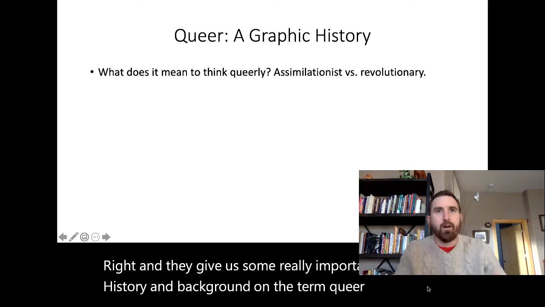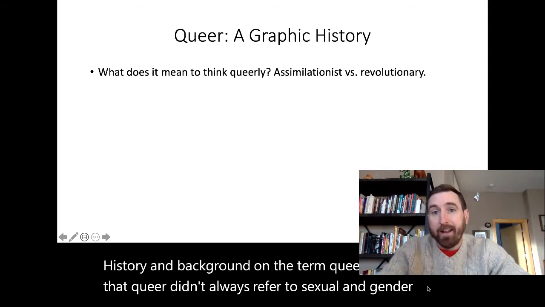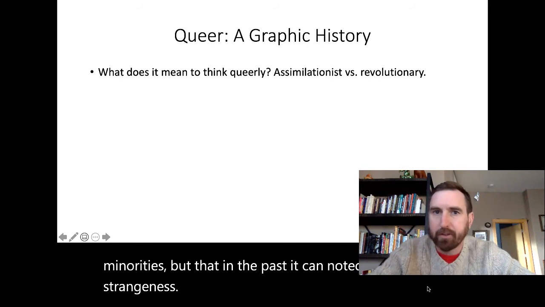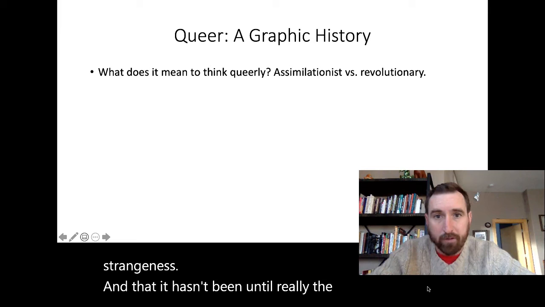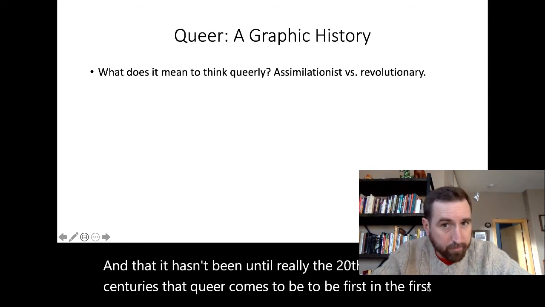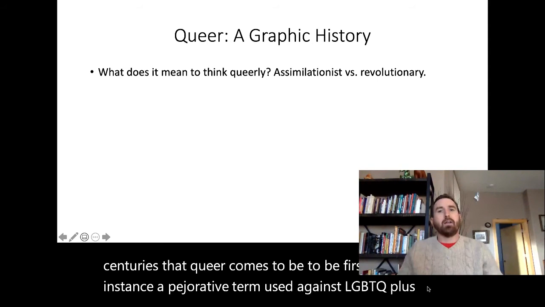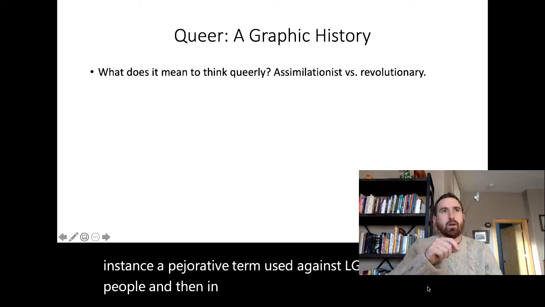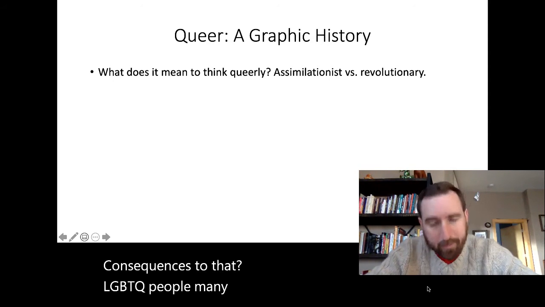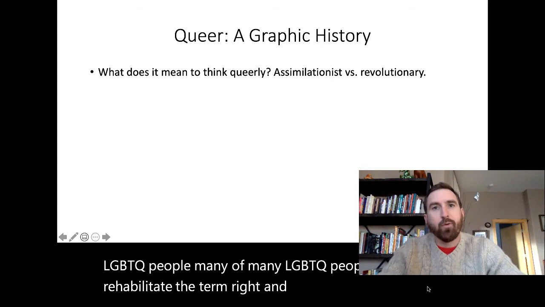We learned that queer didn't always refer to sexual and gender minorities, but that in the past it connoted strangeness, and that it hasn't been until really the 20th and 21st centuries that queer comes to be, in the first instance, a pejorative term used against LGBTQ plus people, and then in consequence to that, many LGBTQ plus people rehabilitate the term, right, and use it as a way to identify.